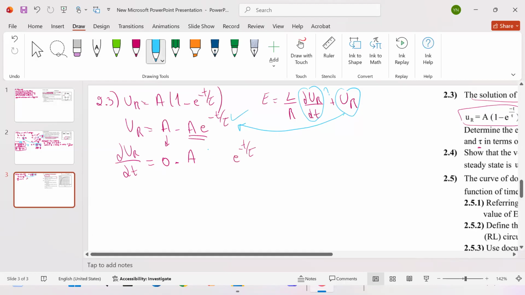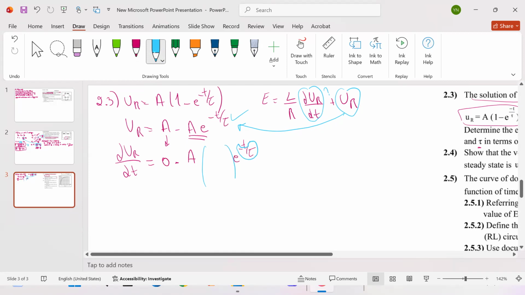And if you watch the previous videos, you can tell that I always say keep the terms as they are. Meaning minus A, keep it minus A. Exponential, keep it exponential. Just leave a small space in between so we can write whatever is next to the exponential on the line.